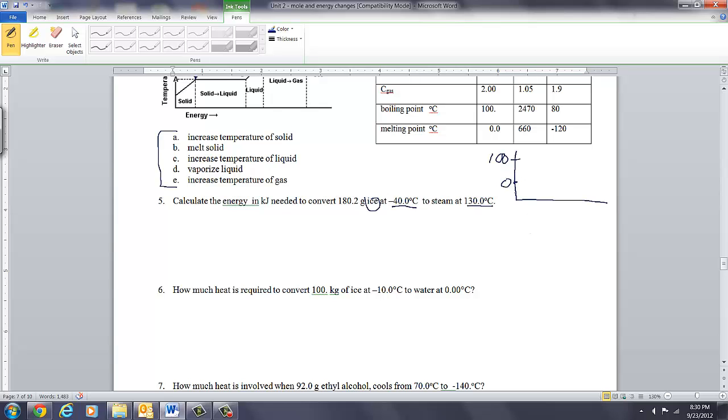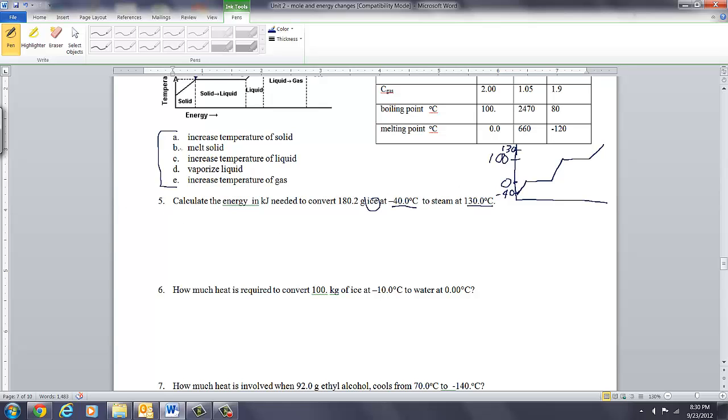So I start down here at -40 and I'm finishing up here at 130. So that means I have just a solid, then I'm going to have to melt it, and then I'm going to have to heat my water, then I'm going to boil, and then I'll heat it up. I have 1, 2, 3, 4, 5 calculations to do.